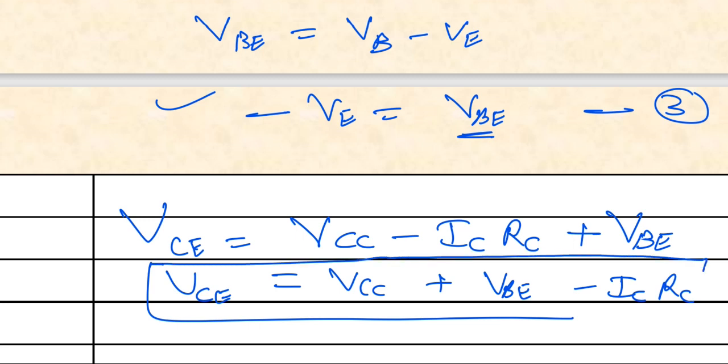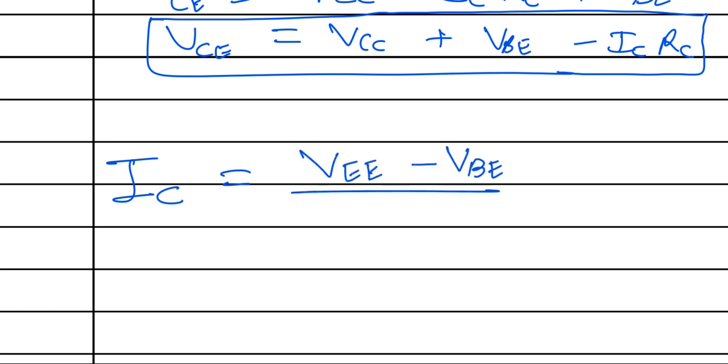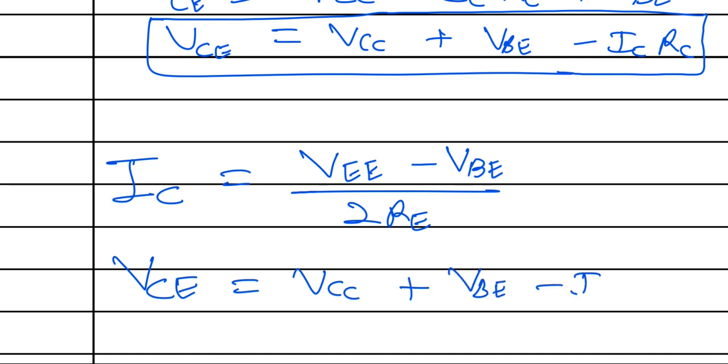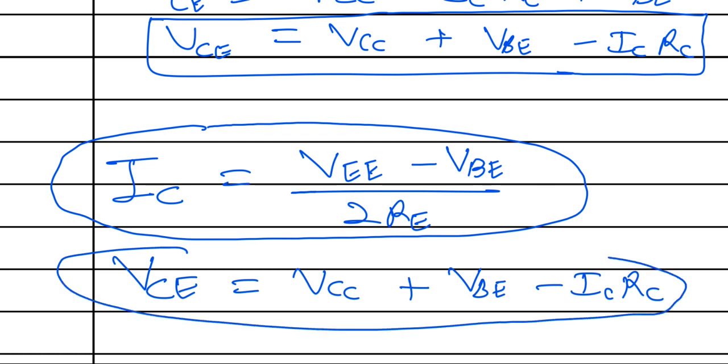So these two are very important equations. The first important equation after performing DC analysis is the expression of collector current: VEE minus VBE divided by 2 times emitter resistance. And the second expression is VCE equal to VCC plus VBE minus ICRC. You have to remember these equations because based on them we will have the questions.